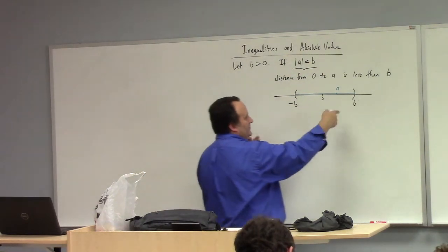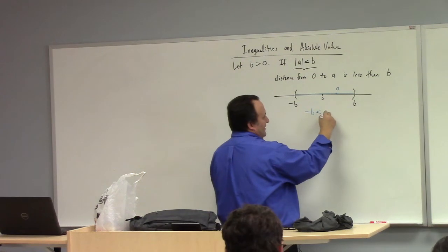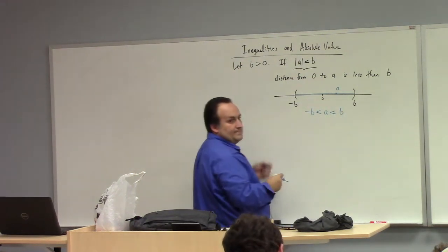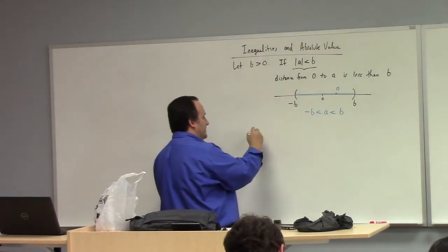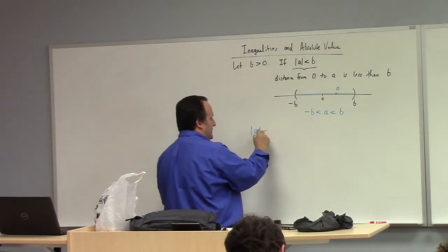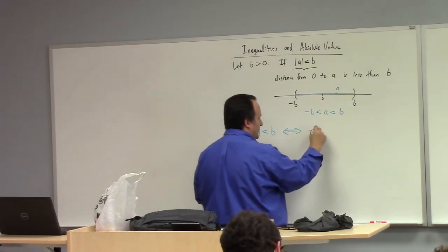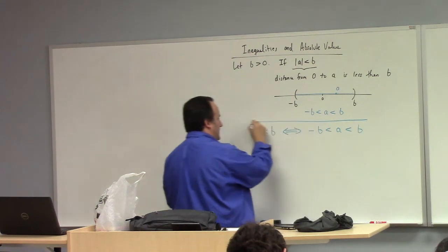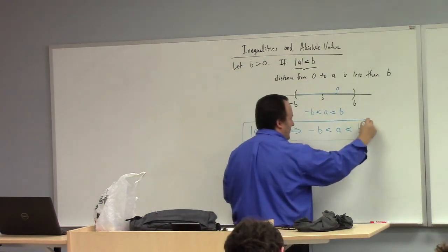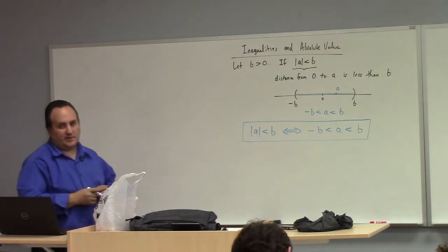If you look at this picture, I think we can all agree minus B is less than A is less than B, right? Okay, so this gives us the following result. The absolute value of A is less than B is interchangeable with minus B less than A less than B. And this right here is one of our go-to results for solving inequalities with absolute value.